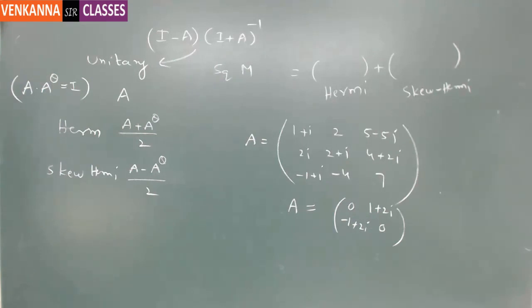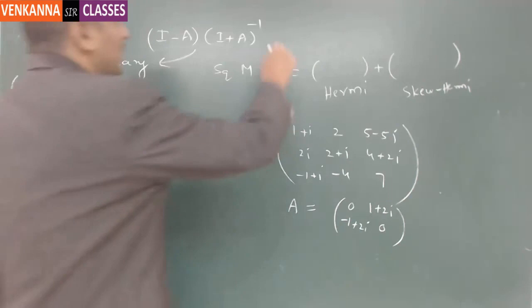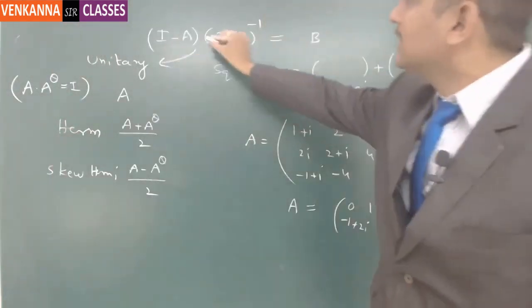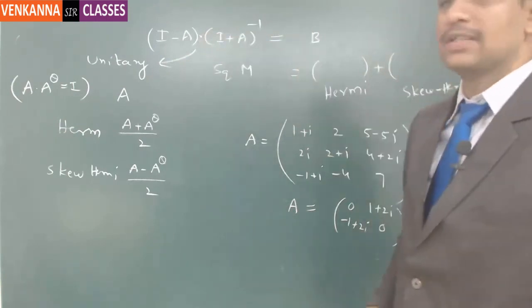So what do you have to prove? I have given a 2 by 2 square matrix to you. You need to calculate (I minus A) into (I plus A) whole inverse, and prove that it is a unitary matrix. How are you going to prove it? Suppose you take this equal to the matrix B, (I minus A) dot (I plus A) whole inverse.